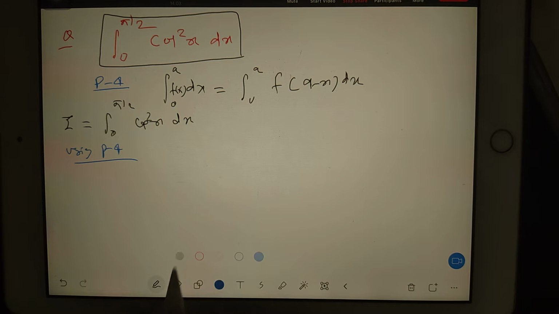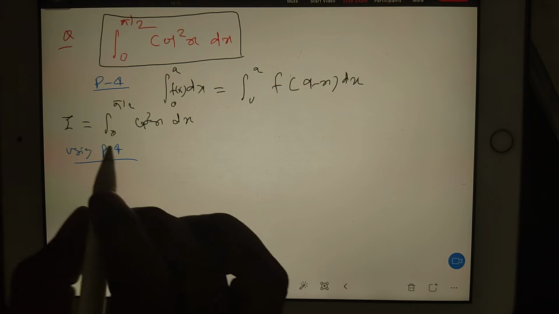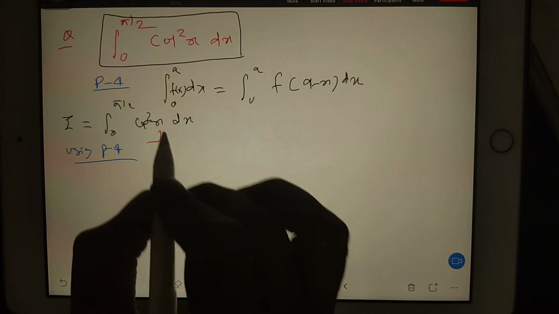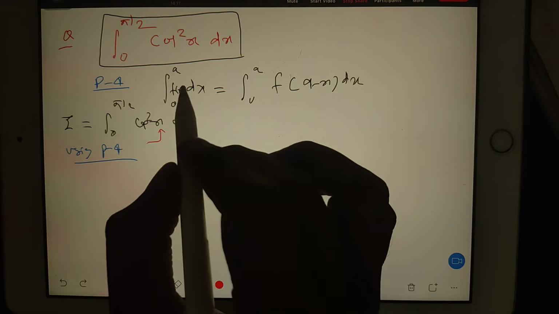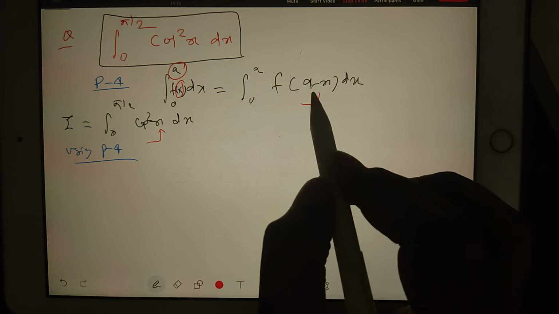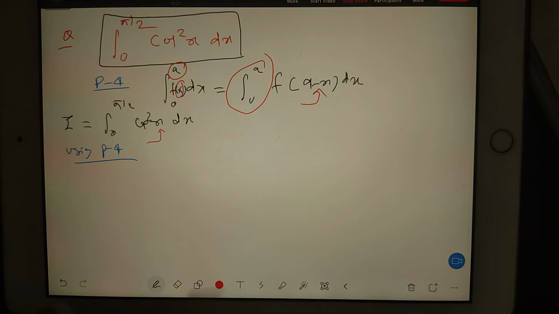When you are using property 4, actually a total of 7 properties are there, property 1, 2, 3, 4 like that. So when you apply it here, this x you will replace with pi by 2 minus x, because there I replaced x with a minus x. You can see the limit will not change, limit will be as it is, only the x variable you will replace with a minus x.